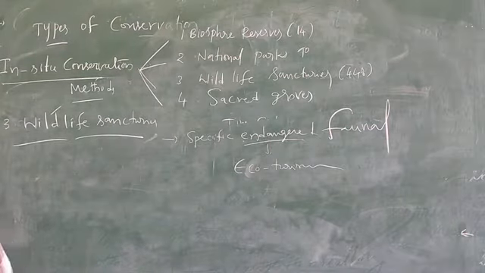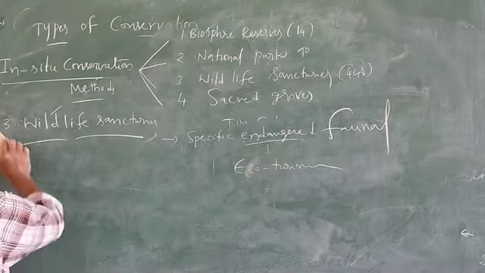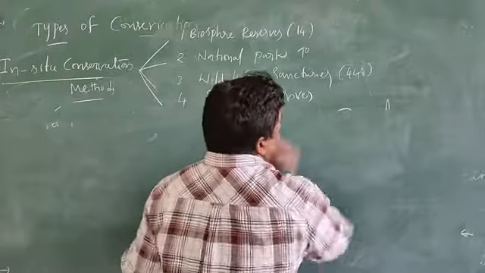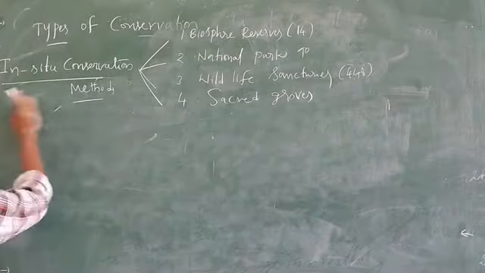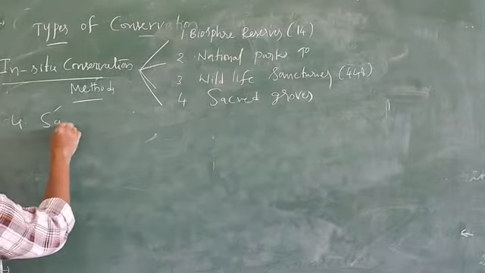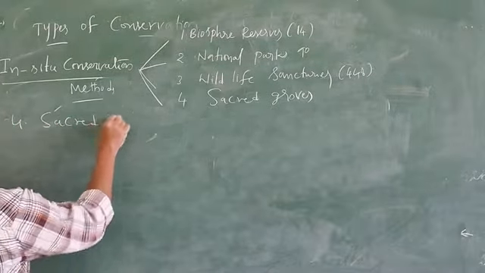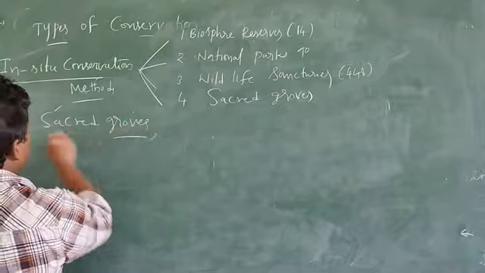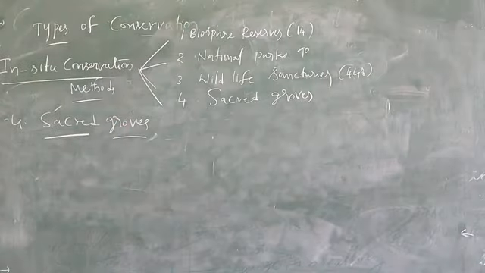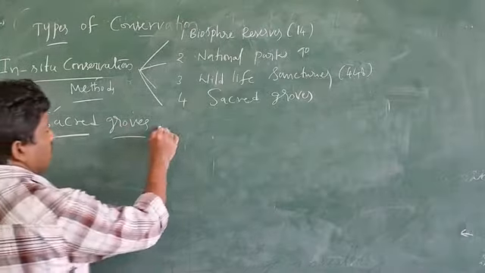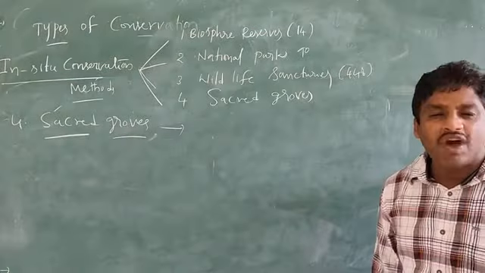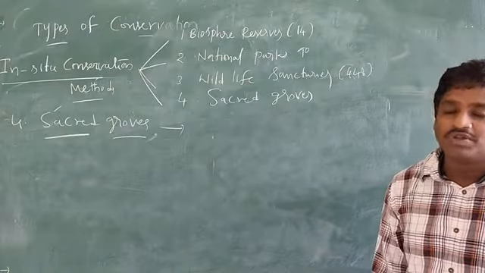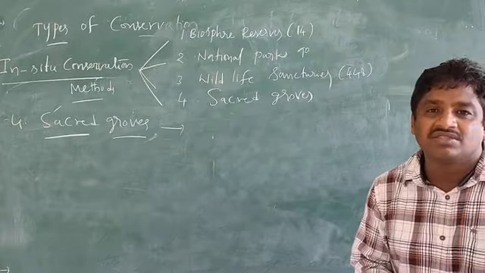Next, the fourth one is sacred groves. Sacred groves means a group of forest, a group of trees.